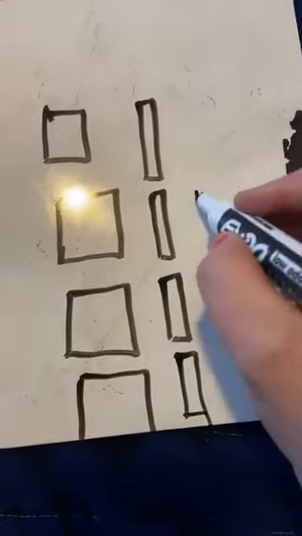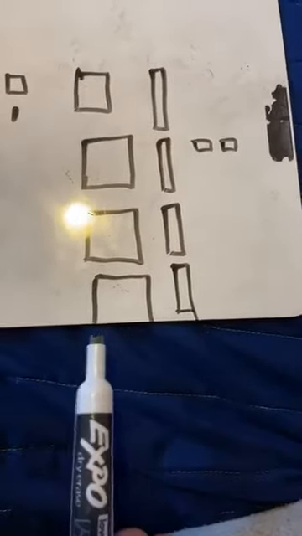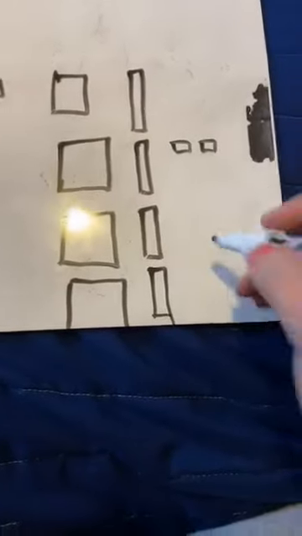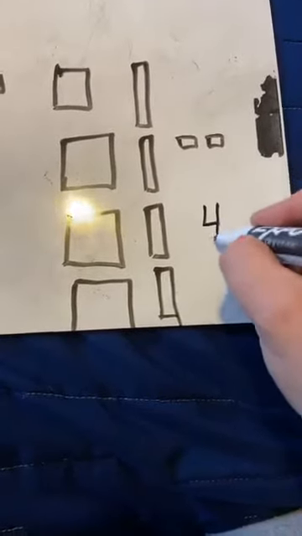Okay, let's see. Can you come up with my number? Think on your own. Okay. All right, how many hundreds blocks do I have? You're right, I have 4.